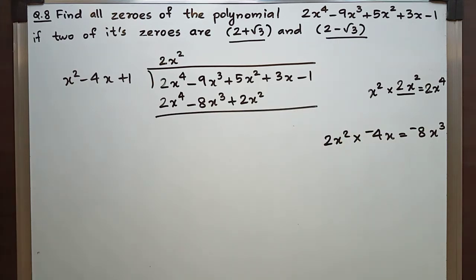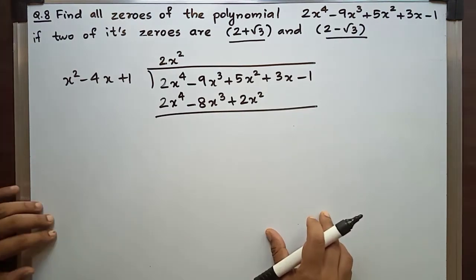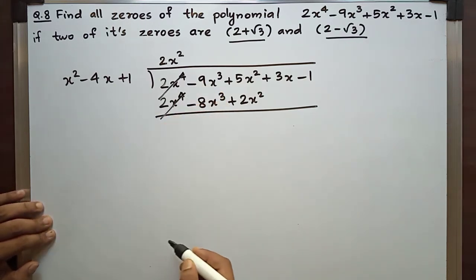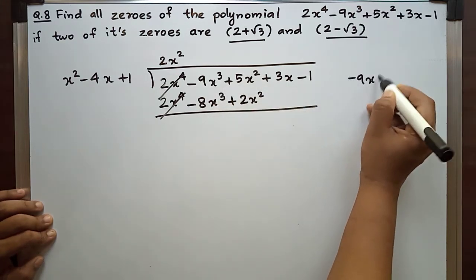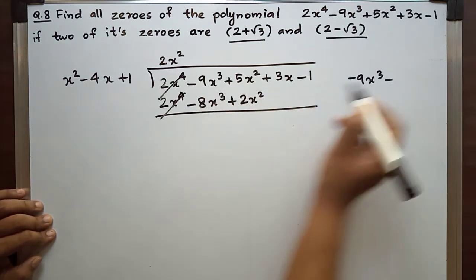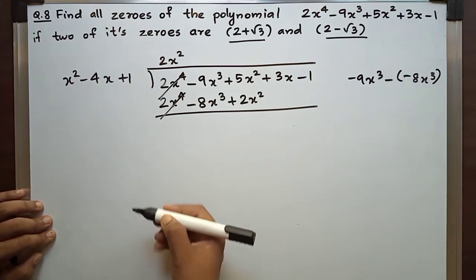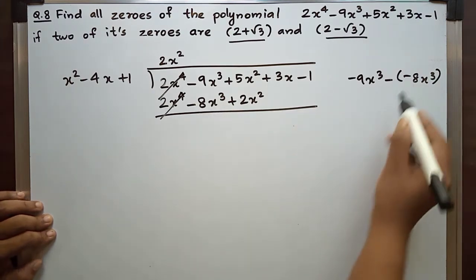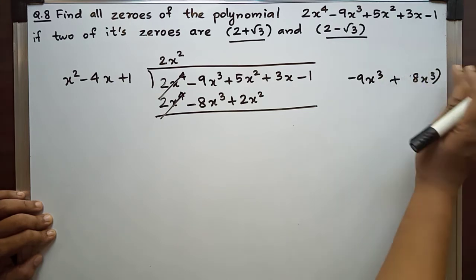Next we will do the subtraction as we do in all our division procedures. Here this 2x raised to 4, 2x raised to 4 will get cancelled. Here we have minus 9x cube minus 8x cube. Two negatives coming together means it will become positive.